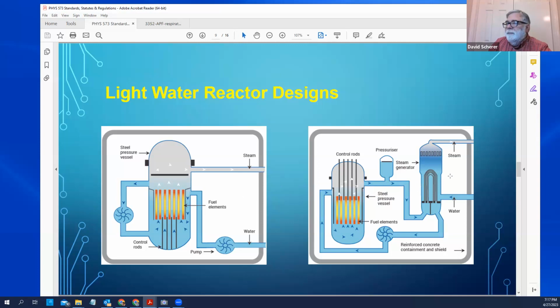Now, the two-loop design of the pressurized water reactor was thought to result in less contamination outside of the reactor itself, because ostensibly we have a dirty loop and then a clean loop that goes off to the generator, whereas in a boiling water reactor, radioactive water goes off to the generator and other parts of the plant. That was the principle.